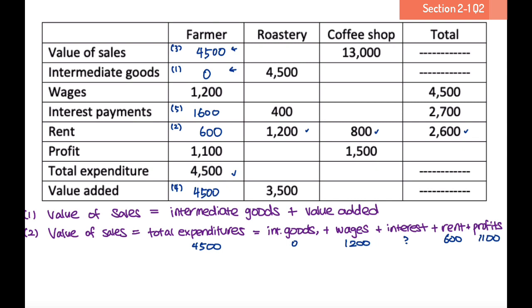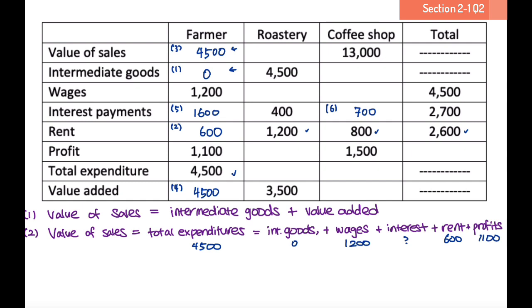And so based on the information that we have on the interest payments, we know that the farmer paid 1,600, the roastery paid 400, and the total of interest payments in this economy is 2,700. So we know that the coffee shop paid $700 in interest payments.